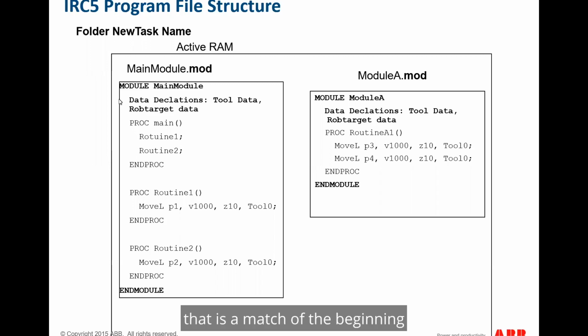That is the match of the beginning of the main module. In the beginning of this main module, you see that's the data declarations. So all the data you use, like the tool data and also the position location, in ABB robot they call a position a robot target. So that is the structure.